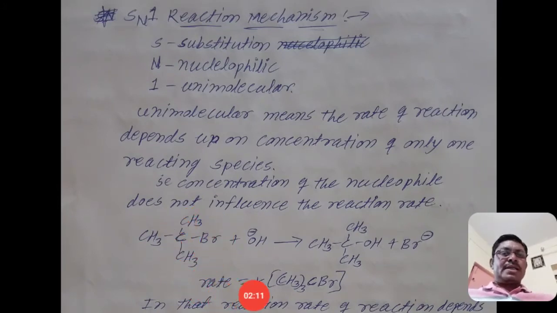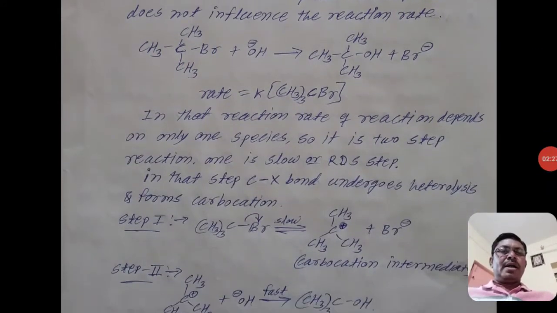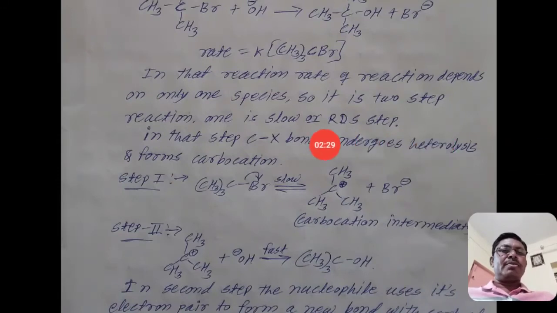It is written as rate is equal to K, a constant, times the concentration of tertiary butyl bromide. The rate of reaction depends totally on the concentration of only one species, so it is called a unimolecular reaction. It is a two-step reaction.